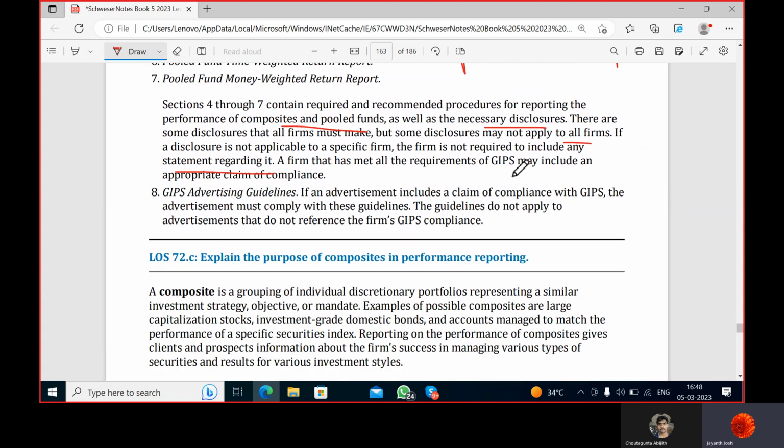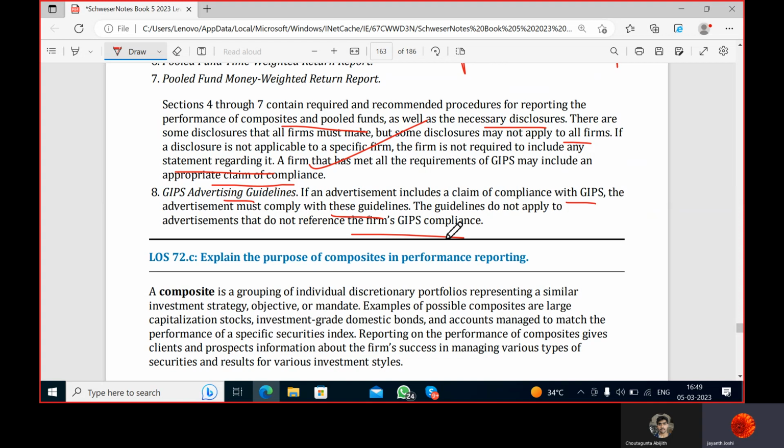A firm that has met all requirements of GIPS may include an appropriate claim of compliance. So GIPS advertising guidelines are also there. If an advertisement includes a claim of compliance with GIPS, the advertisement must comply with these guidelines. That means the company says that they are completely complying with GIPS standards.